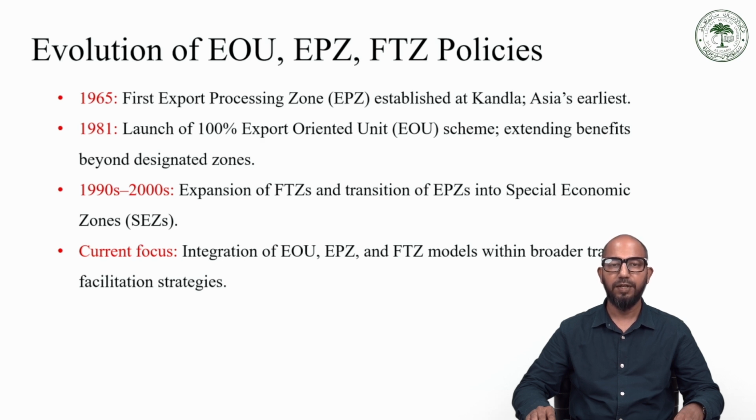Between the 1990s and 2000s, there was expansion of free trade zones and transition of export processing zones into special economic zones. The current focus of the Indian government and trade regime is integration of export-oriented units, export processing zones, and free trade zone models within broader trade facilitation strategies.